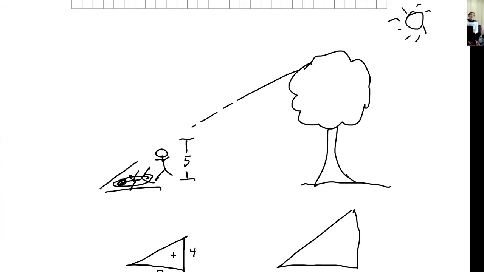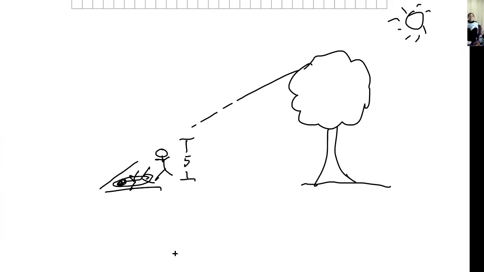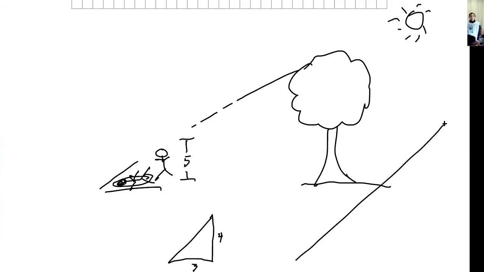And let's say that I drew this badly. I'm going to make it easy. The shadow looks like this. She's 4 feet tall, and the shadow is 3 feet long. Okay, but then the tree's shadow, let's say that's 30 feet long. So how tall is the tree?